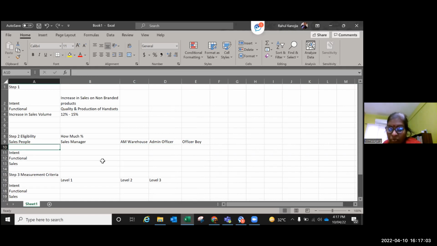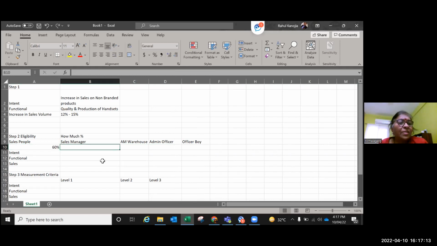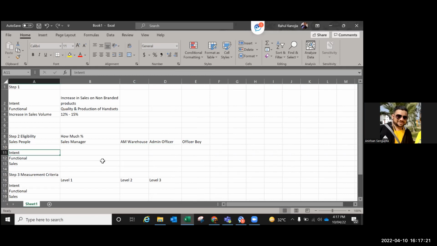So you can have 60%. Here, rather than putting all of them horizontally, I would recommend putting them vertically, with the intent and the function one below the other.